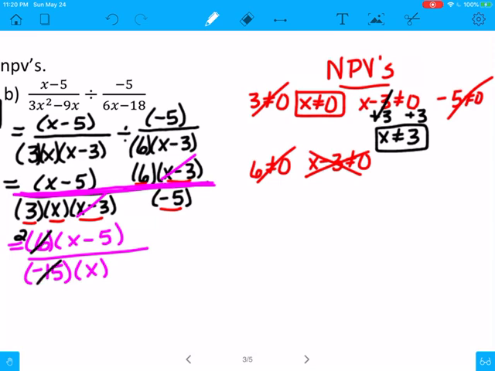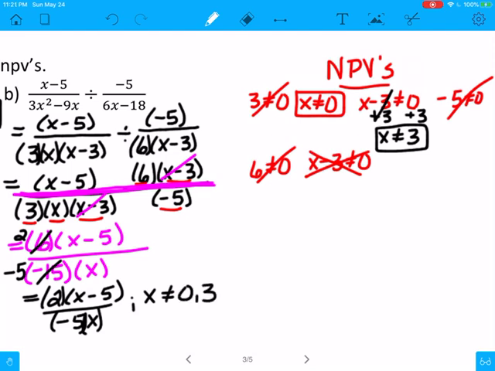If I take a 3 out of negative 15, divided by 3 is negative 5. And we're left with 2 times x minus 5 all over negative 5x. And it can be in its own brackets if it wants. And I'm going to get x cannot equal 0 or 3.